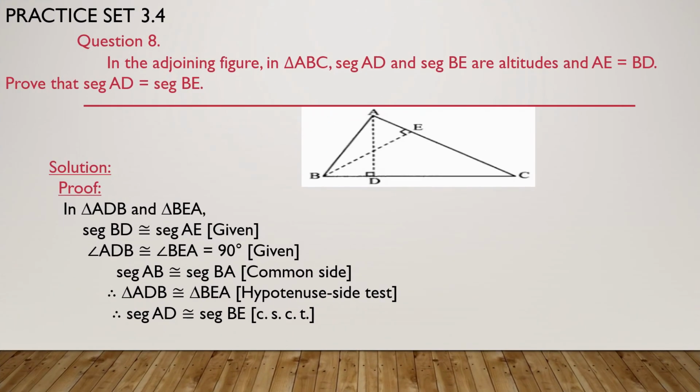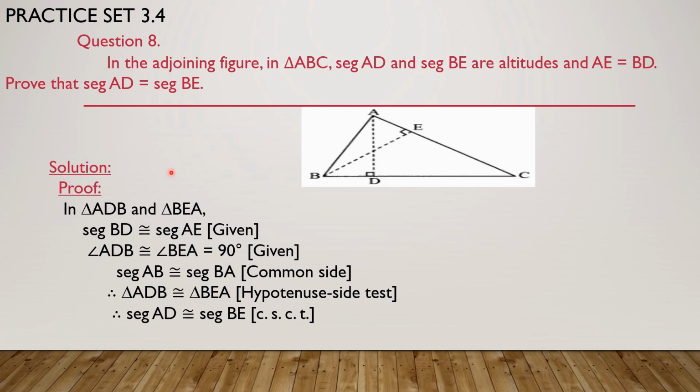Question number 8. In the adjoining figure, in triangle ABC, segment AD and segment BE are altitudes and AE is equal to BD. Prove that segment AD equal to segment BE. Figure is already given. Solution.